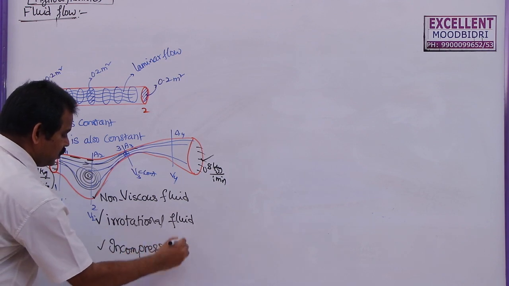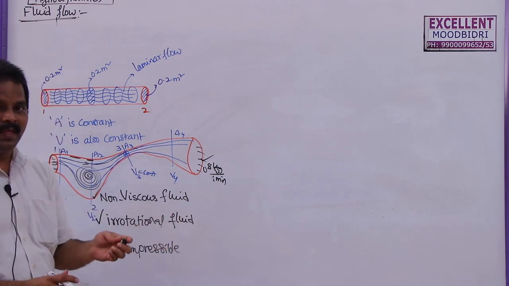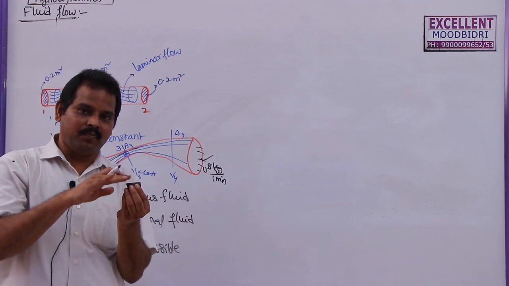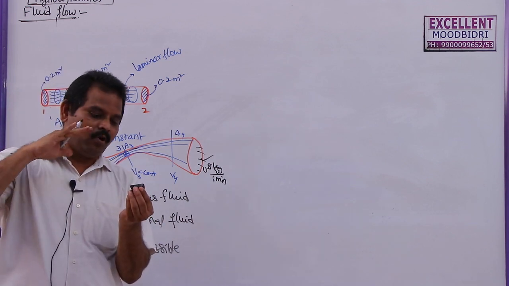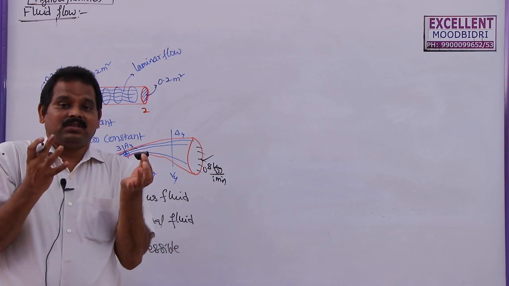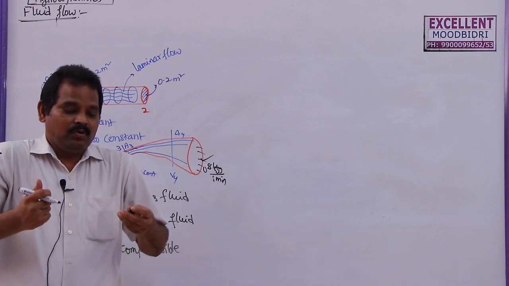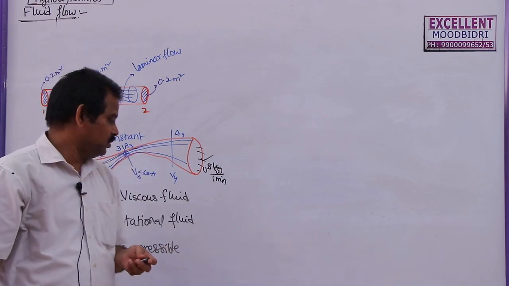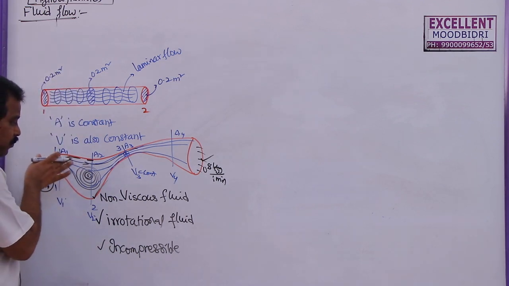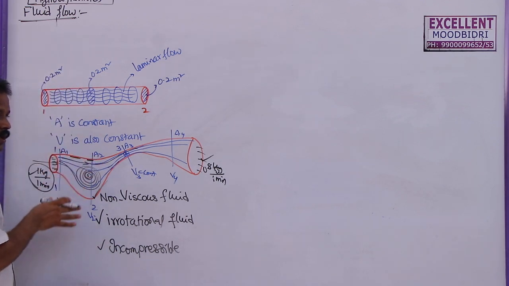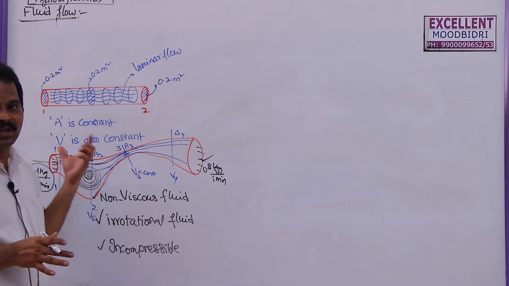So what is this incompressible? Generally, if you apply a tangential force on solids, they can resist that tangential force. They will try to keep their shape intact. But if you apply the same tangential force on fluids, generally they will try to change their shape.